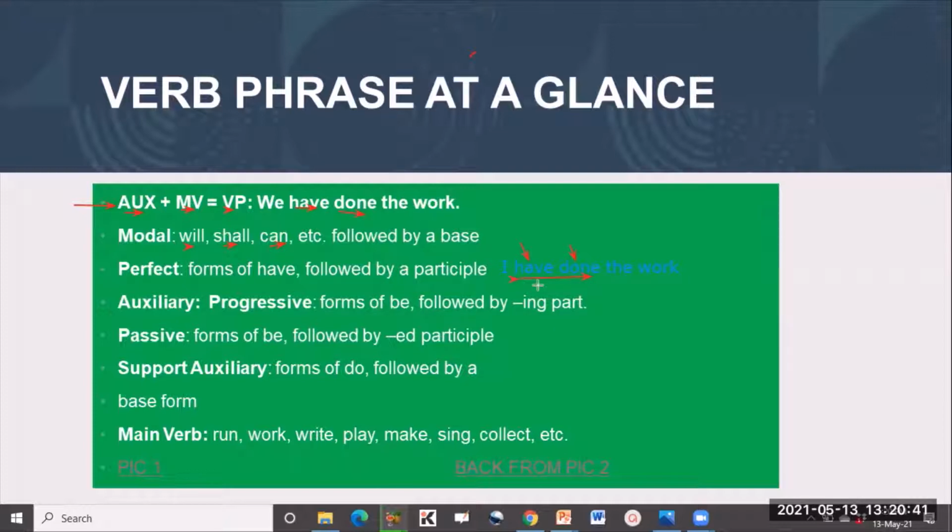For example, when you look at this sentence, I have done the work, if we remove the verb phrase, then it becomes meaningless. I, the work. Does it make any sense? Certainly, it does not. All right?